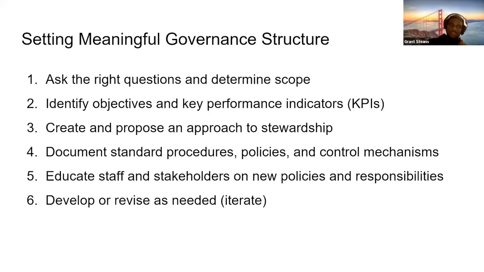And then you educate your staff, your stakeholders, the grant writers, the funders, the donors on all the new policies and new responsibilities when it comes to your data strategy. And then you iterate as needed, right?